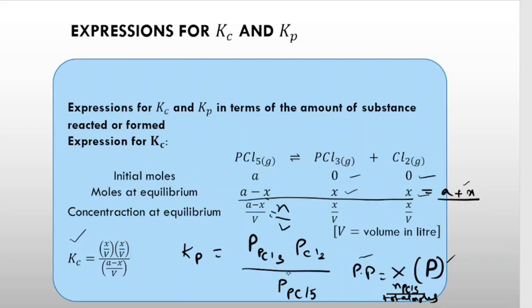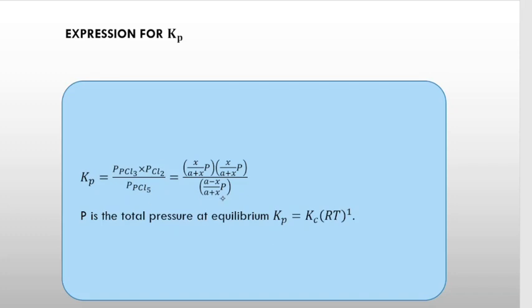If we do the same thing for the remaining terms, we will get the Kp expression as X by A plus X into P, X by A plus X into P, divided by A minus X by A plus X into P. Later you can simplify this one.